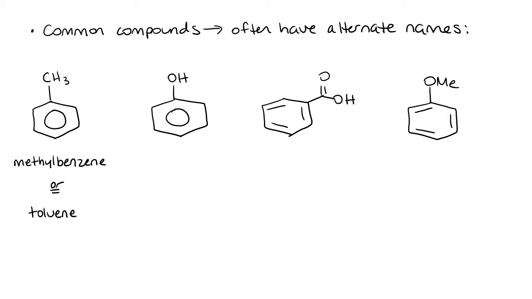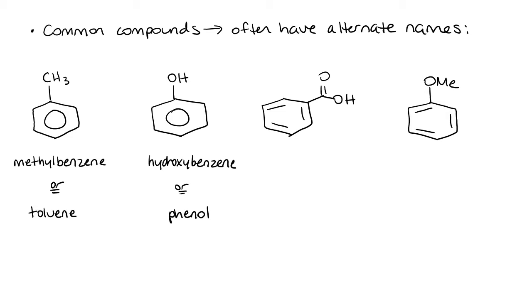We also have a hydroxyl group attached to a benzene ring. This is known as hydroxybenzene. And it often goes by its common name, which is phenol. Phenol is a solid. It's very terrible smelling, but it is often used in organic labs.